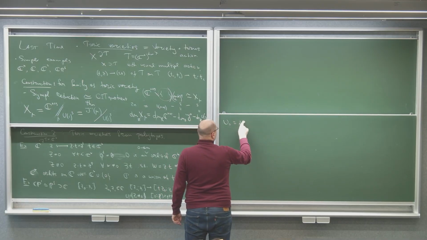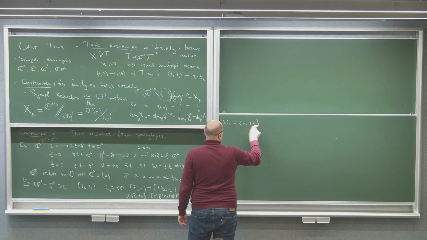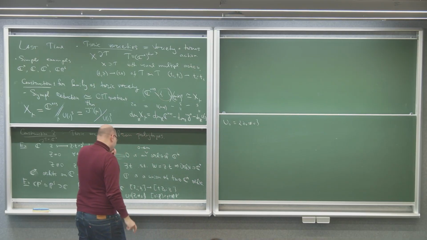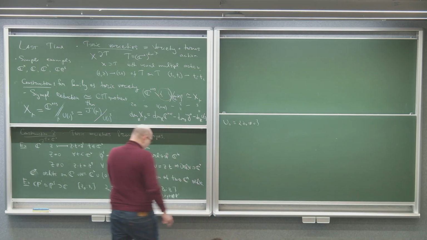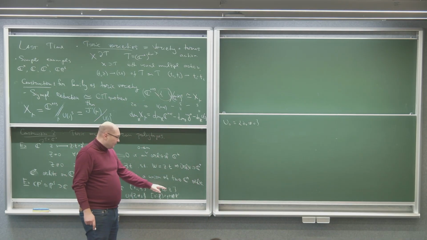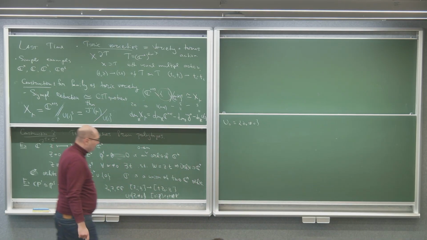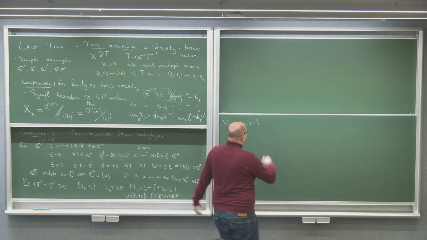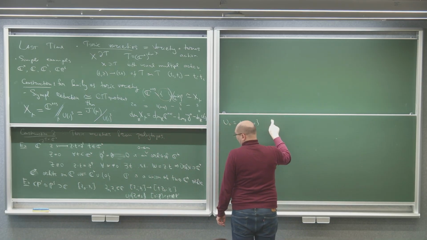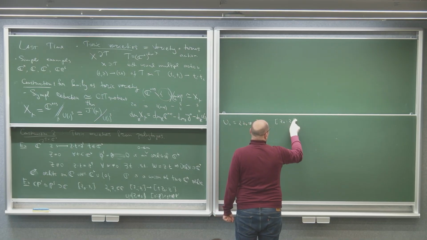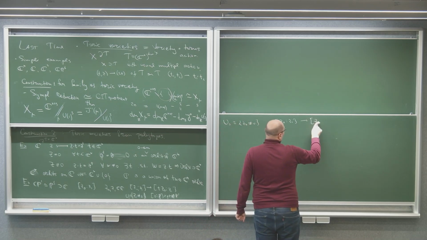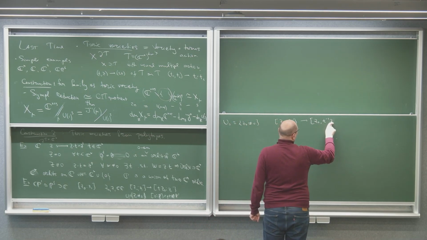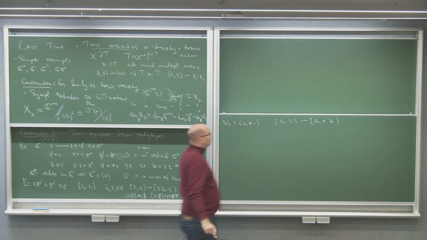However, in CP1 we can look at another chart. U0 is a chart where Z0 is non-zero. In this chart we can use the idea that we can simultaneously rescale Z0 and Z1 by any non-zero complex number. So we can rewrite an equivalent form of this action, better adapted to the other chart.